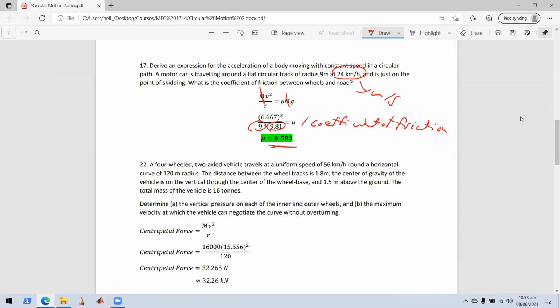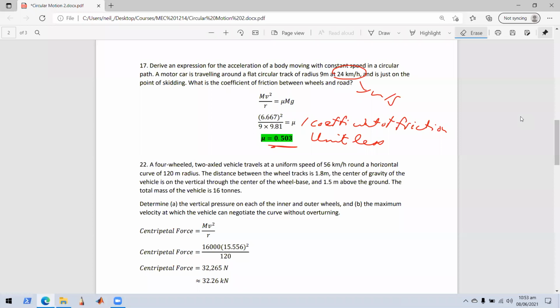Remember, coefficient of friction is unitless. So it's not 0.503 meters per second or kg m squared, nothing like that. It's unitless, it's just the coefficient.